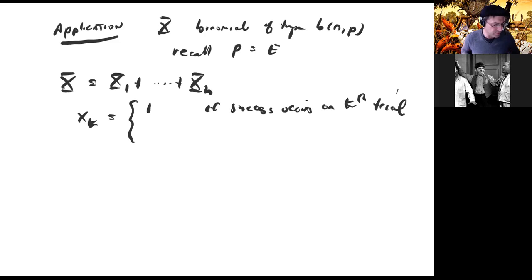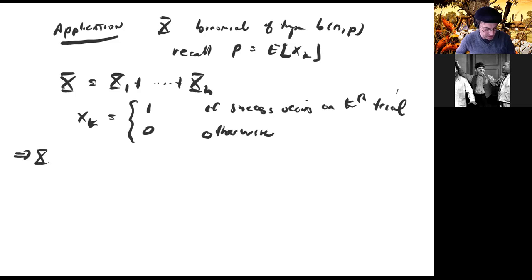When I say trial, think flipping a biased coin of probability p, and 0 if not. And then we know that p is the expected value of each x sub k for all k. Note that each xi is just the result of performing a single experiment. The experiments don't interact with each other. They're independent. In fact, x1 through xn are independent, identically distributed, so i.i.d. random variables.